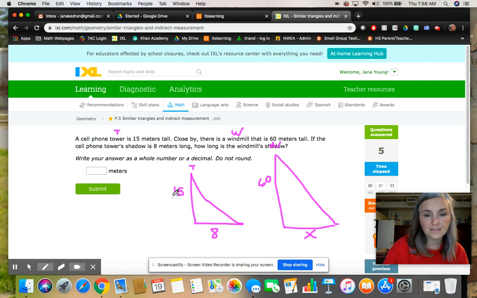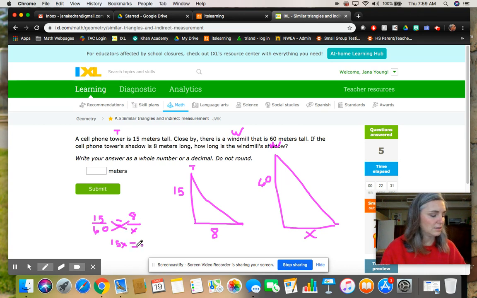Well, 15 times what is 60, and hopefully you can see that as 4. Otherwise, you could set up the proportion 15 is to 60 as 8 is to x, right? So you would cross multiply and get 15x, and then you would do 8 times 60, which is 480.